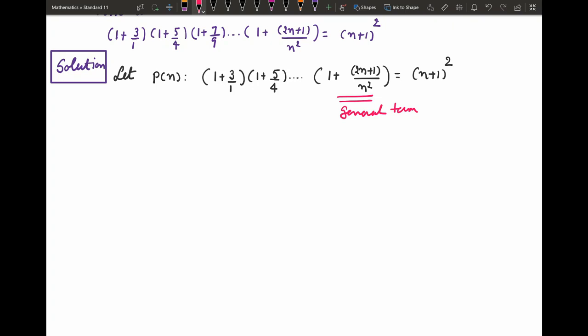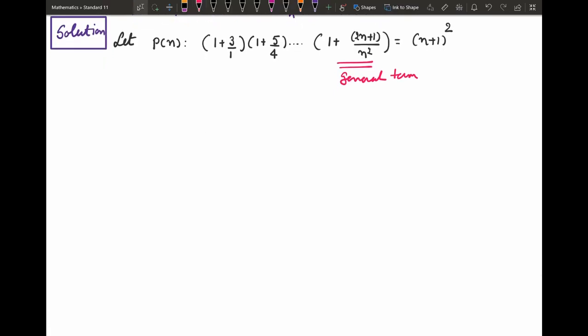So you note this statement. When we take n equal to 1, in the multiplication there is only the first term. If we take n equal to 2, that means in the multiplication the first two terms, 1 plus 3 by 1 into 1 plus 5 by 4. So you note down the difference between this and the previous sum.